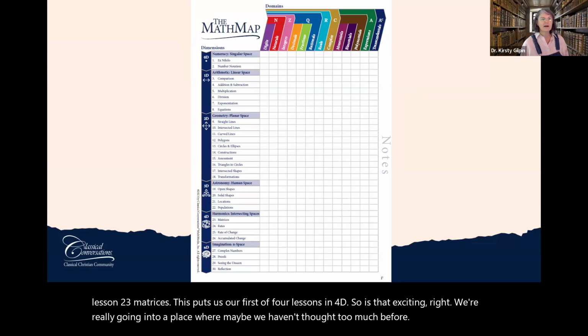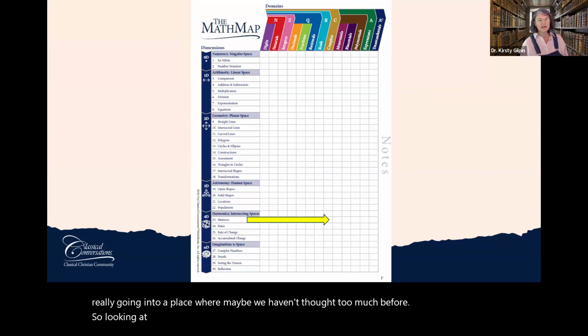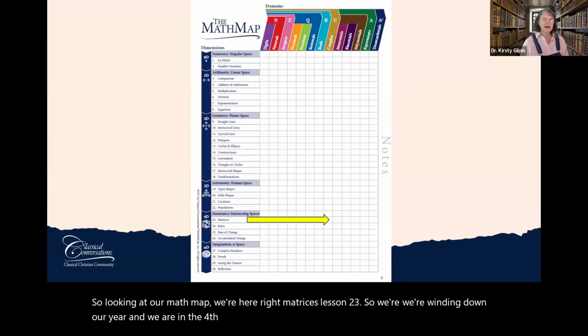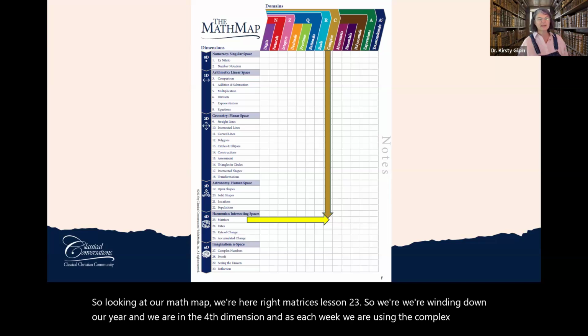So looking at our math map, we're here, right? Matrices, lesson 23. So we're winding down our year, and we are in the 4th dimension. And as each week, we are using the complex level as our base.